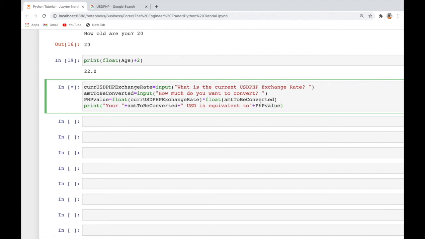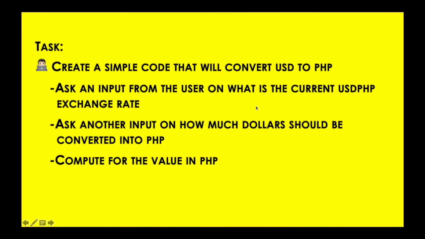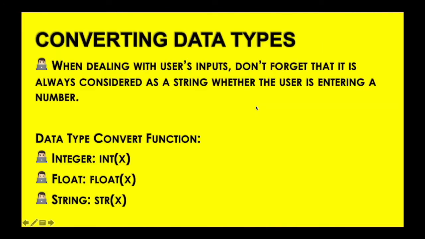Our PHP value, guys, since this is float multiplied to float, of course, the PHP value will be in a data form of float. And we cannot concatenate a float. Therefore, we should convert this into string. This is now when we will use our third conversion function, which is string.